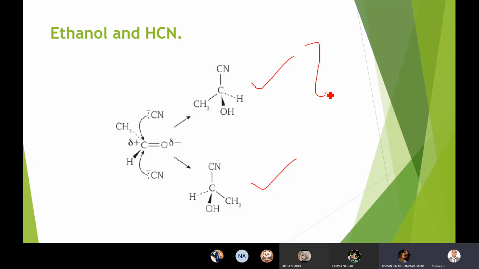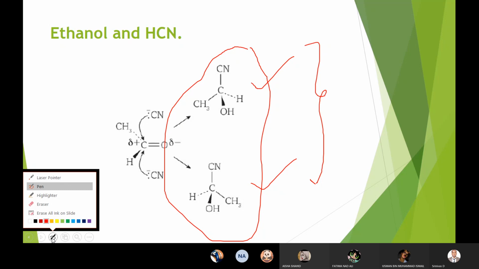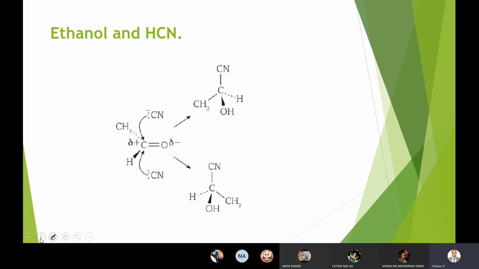Now both of these are enantiomers, otherwise called optical isomers, which rotate plane polarized light in two different directions, one clockwise and the other anti-clockwise. Because your product has a mixture of both in equimolar concentrations, the optical activity of the product is zero, nullified to zero. Am I clear? Yes, sir.